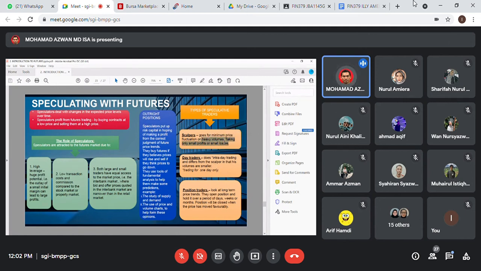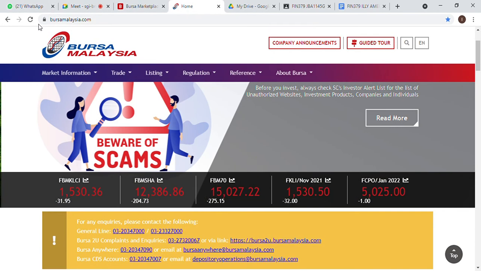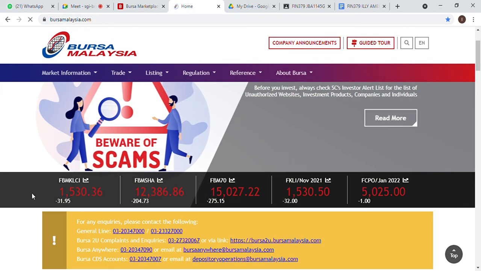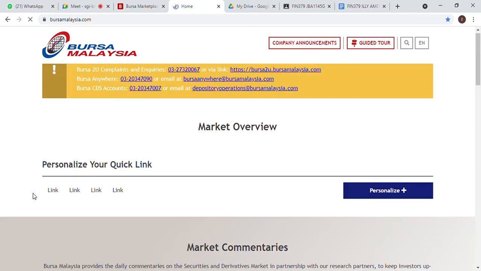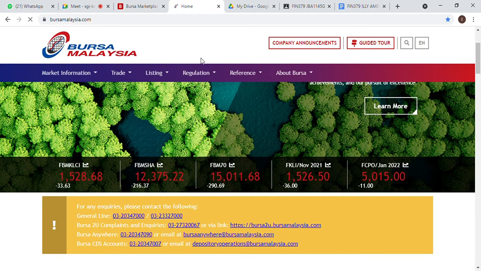Scalper maybe trades for a few days. Day traders trade only within the day. Maybe they open the contract in the morning and close in the afternoon, or at the end of the day. So they play small volume but high fluctuation. That's why they get the profit.